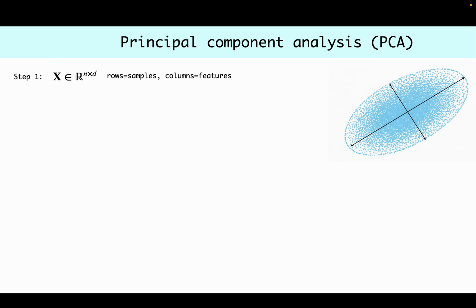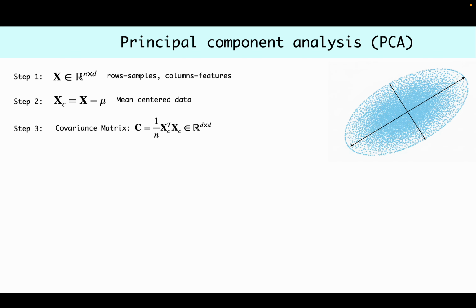Let's consider a dataset X represented in the form of a matrix of dimension n cross d, where n represents the number of samples and d represents the number of features. Our first step is to mean center the data. We compute the mean along all the samples and subtract that from each of those so that it becomes mean centered. And we compute the covariance matrix also.